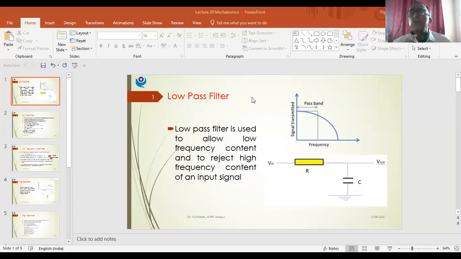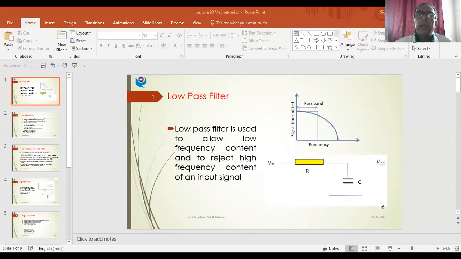Just don't simply be a listener. Take a piece of paper and draw this circuit first of all. We'll be starting off with the low frequency pass filter. Just draw this simple circuitry: V in, then one series resistor, then a capacitor, and ground.